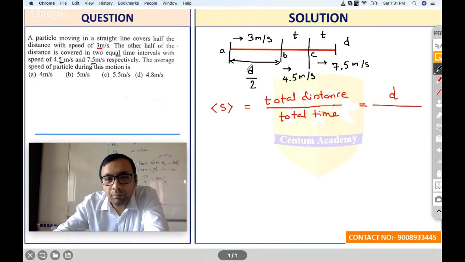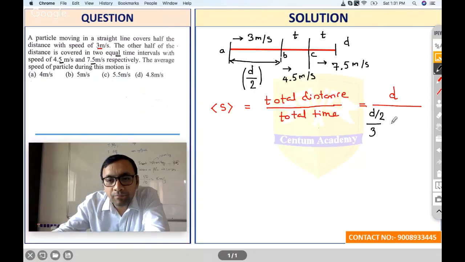For A to B, the distance is given as d by 2, so you can find the time. The time will be distance divided by the speed, so d by 2 divided by 3.